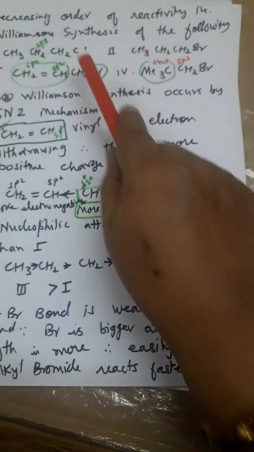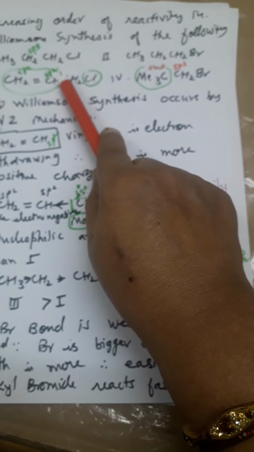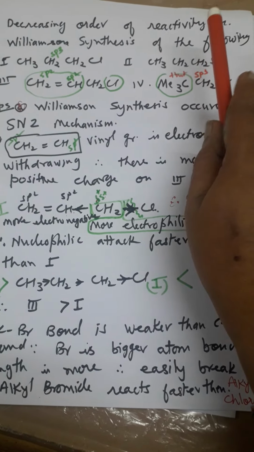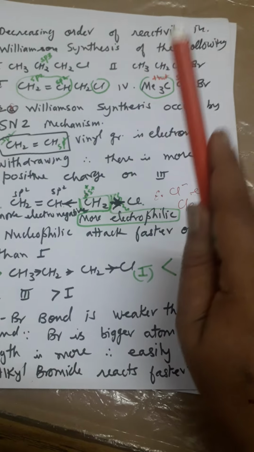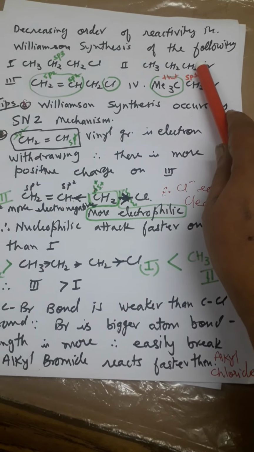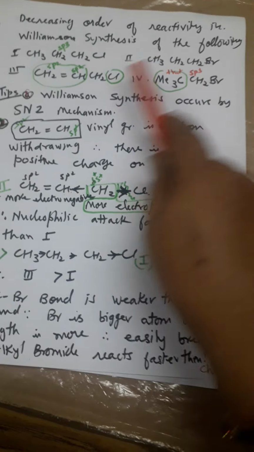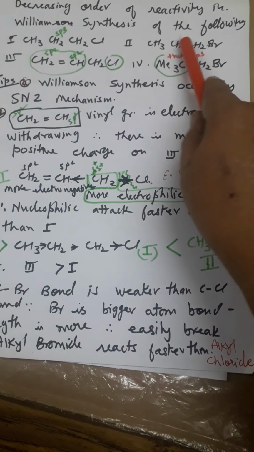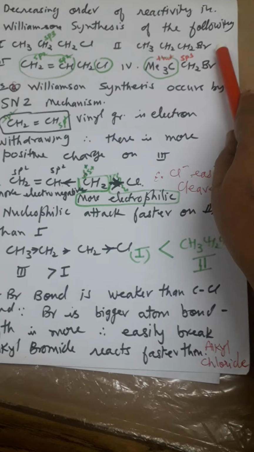Now you got the idea that among these three, the first one is less reactive as compared to this as well as this. But remember, because Br is bigger in size, it is very easily cleaved as compared to allyl. So the first ranking goes to bromopropane.